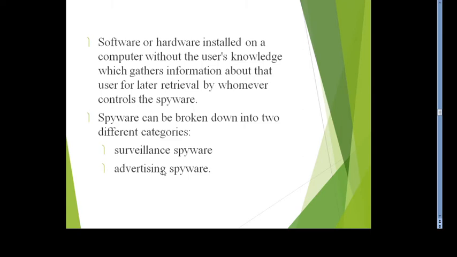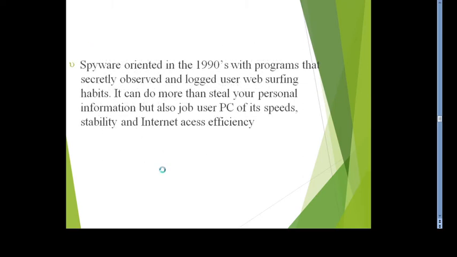Spyware can be broken into two different categories: one is surveillance spyware and the second is advertising spyware. Spyware originated in 1990 with a program that secretly observed or logged the user's web surfing habits.